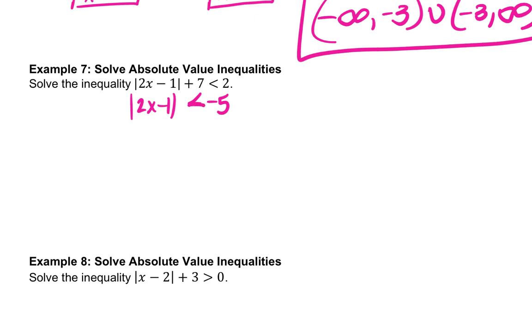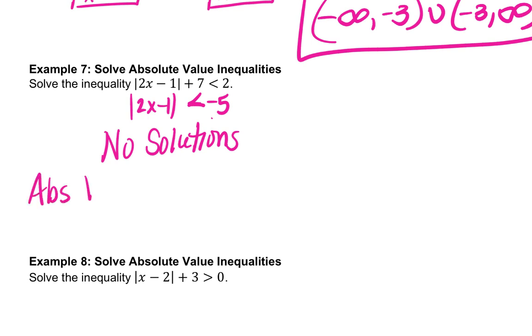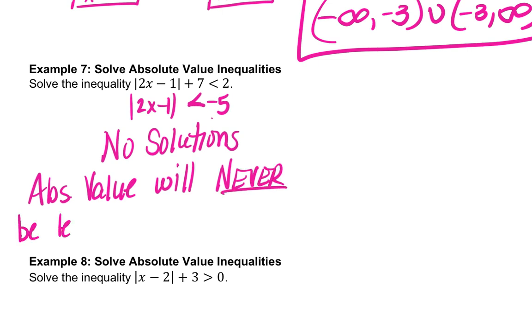If you can't be equal to a negative number, you cannot be less than one either. So this is no solutions. Absolute value will never be less than a negative.